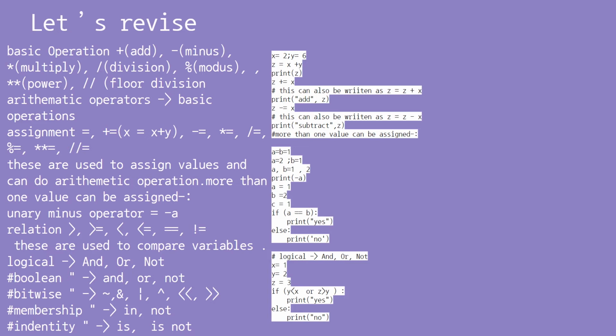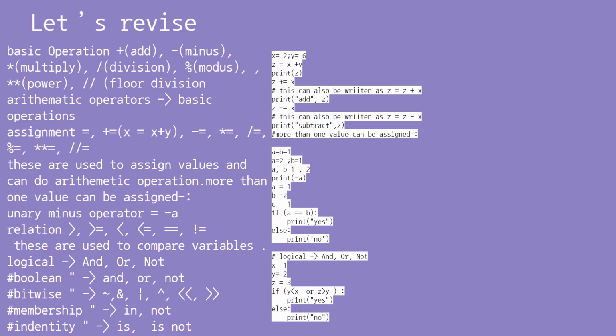And the unary minus operator: if you have a variable which is equal to 1, and you print minus a, or the variable name, then it would print -1 and not 1.